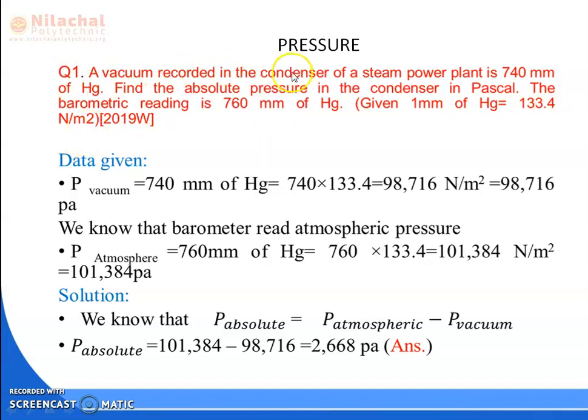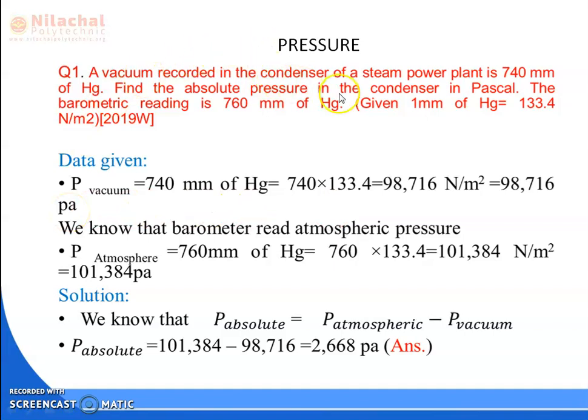The vacuum recorded means which pressure? That is your vacuum pressure. Vacuum pressure is given in terms of head, 740 mm of Hg, and it is given that 1 mm of Hg is equal to 133.4 Newton per meter square. So 740 mm is equal to 740 into 133.4. The value you got is 98,716 Pascal.